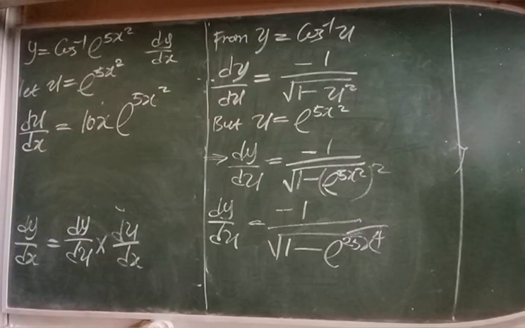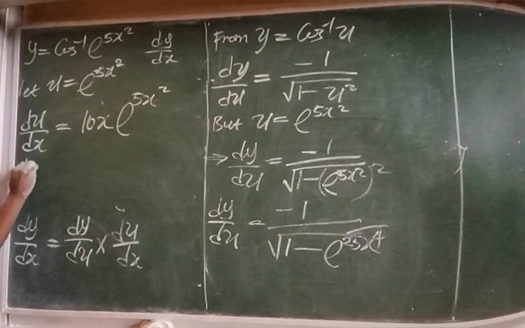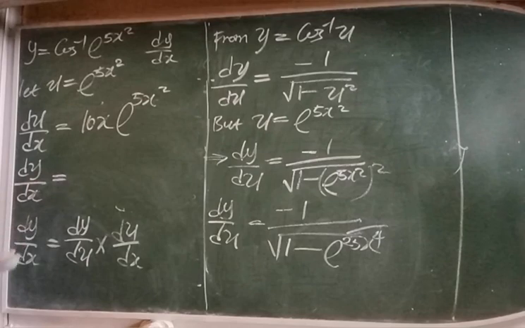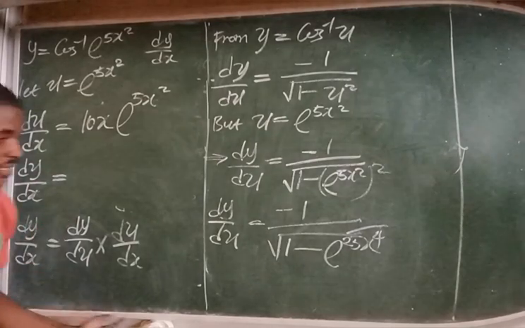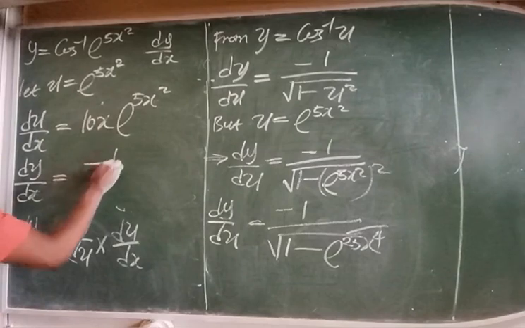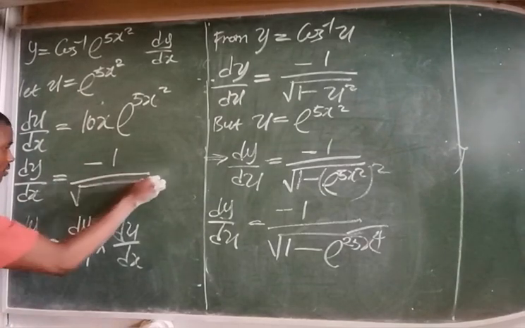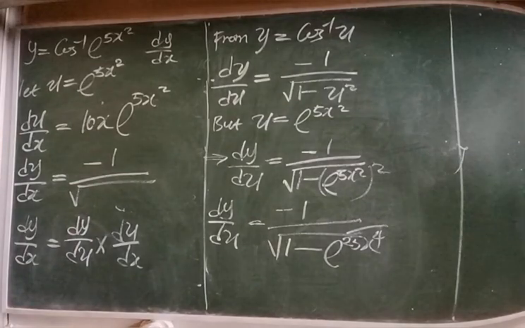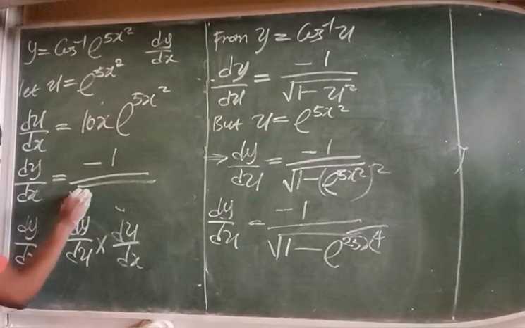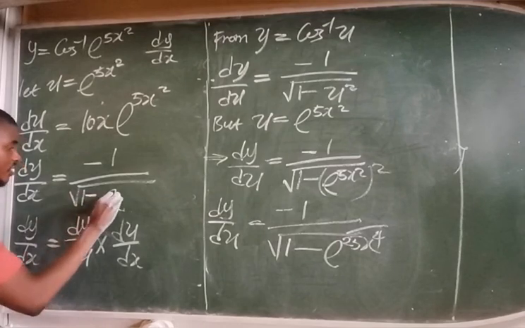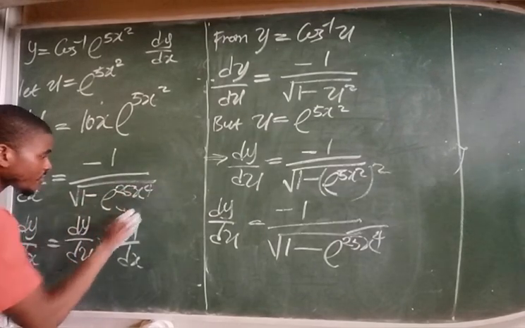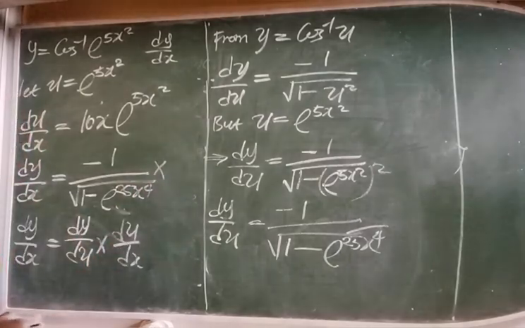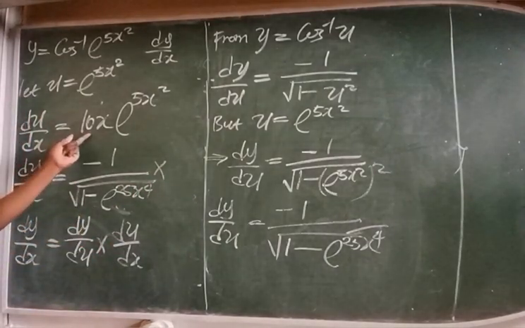So if I have du dx, and I have dy du, I can now employ the chain rule which says dy dx is actually dy du times du dx. So if I do this now, I'm simply going to have that dy dx is now equal to dy du. We obtained that to be simply this, minus 1 all over the square root of 1 minus exponential 25x to the 4, multiplied by du dx, and that's simply 10x exponential 5x squared.